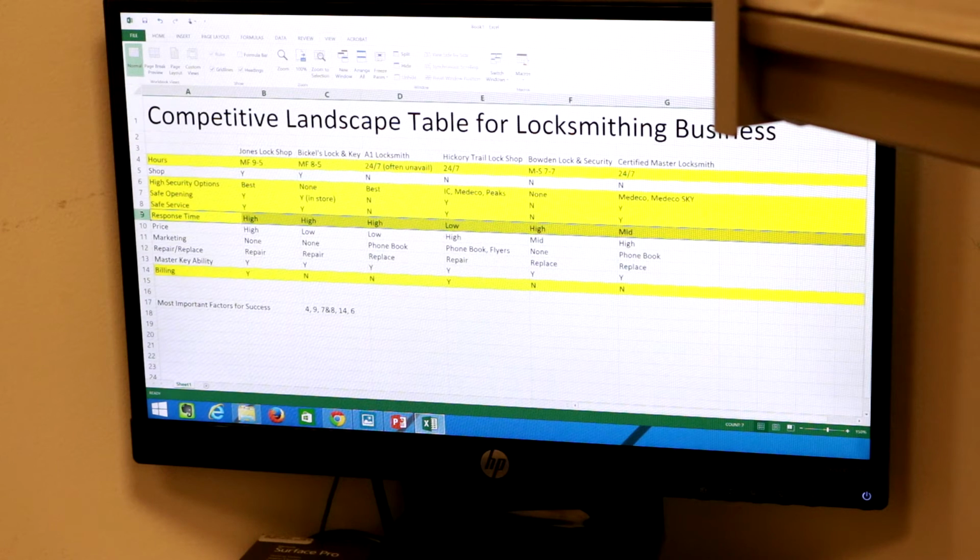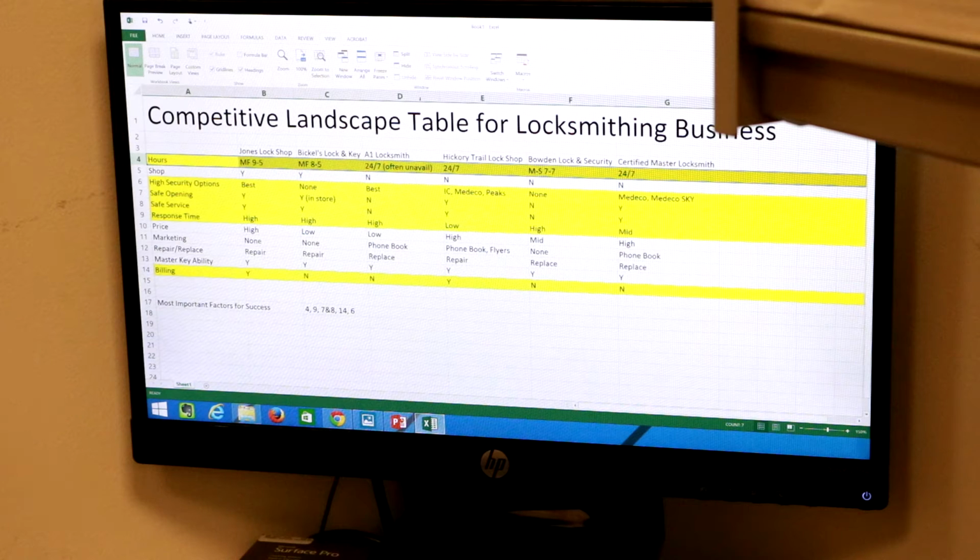In talking to customers and other locksmiths, the things that really drove success were response time. Most important was hours of operation. And in hours of operation, there were only 2 locksmiths in the area that actually were true 24-hour, 7-day-a-week operations.